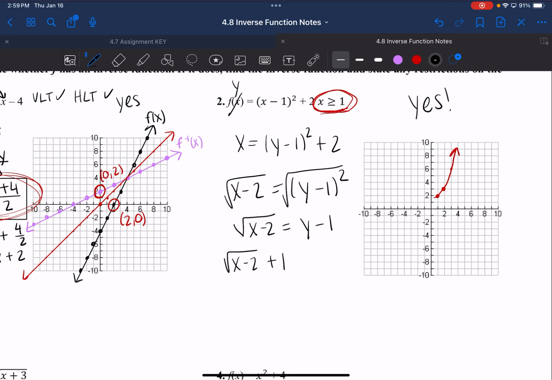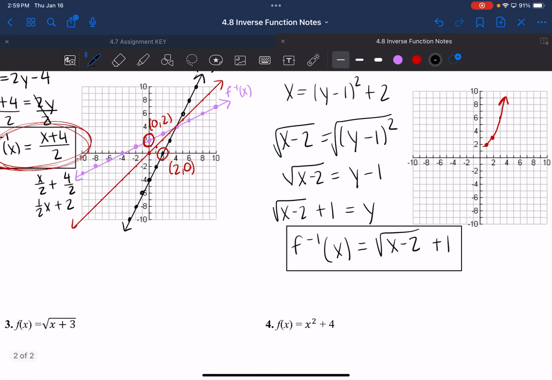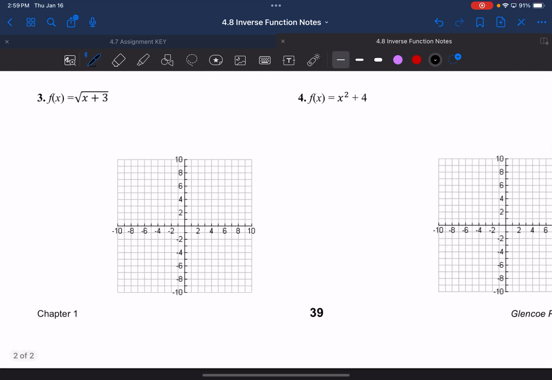Because we're moving it over after the fact. So it looks like this. So we replace our y. Our inverse function is the square root of x minus 2 plus 1. All right? Okay? All right, let's take a look at number 3.